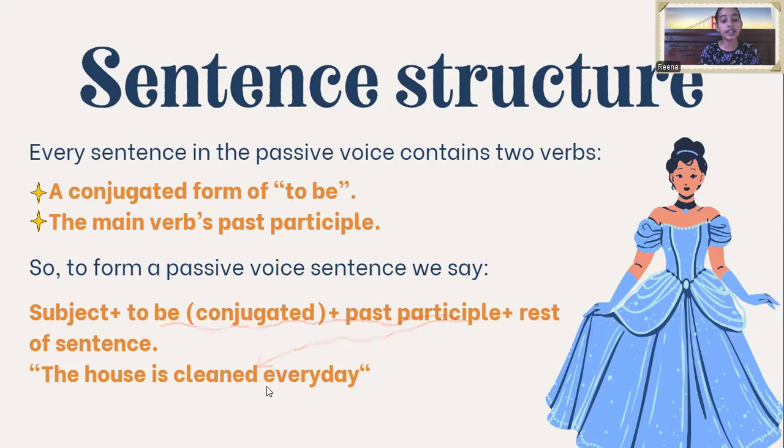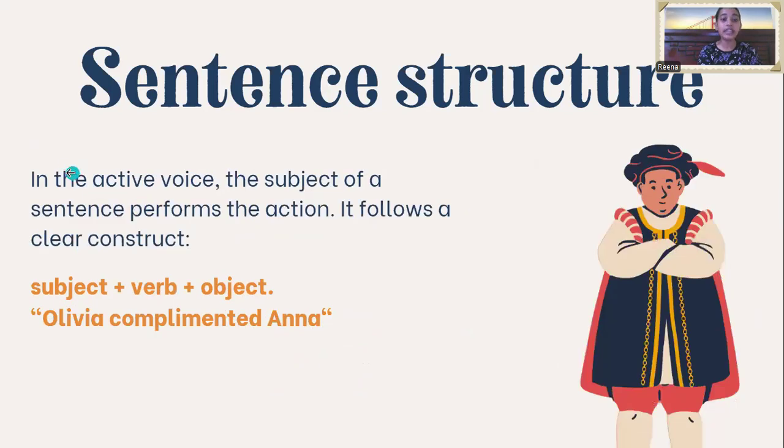And every day is the rest of the sentence. So this is the sentence structure of a passive voice. In the active voice, this is a normal sentence. It just follows a clear construct, subject plus verb plus object. You can add the 8 parts of speech, but your subject will be at the starting. As simple as that.